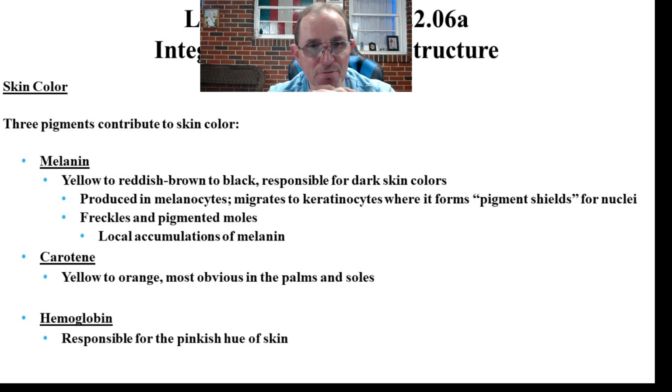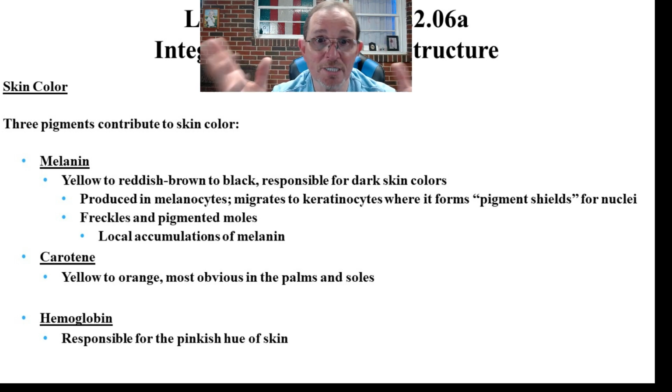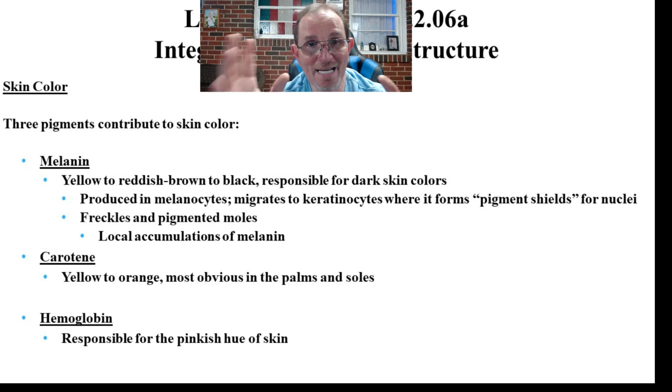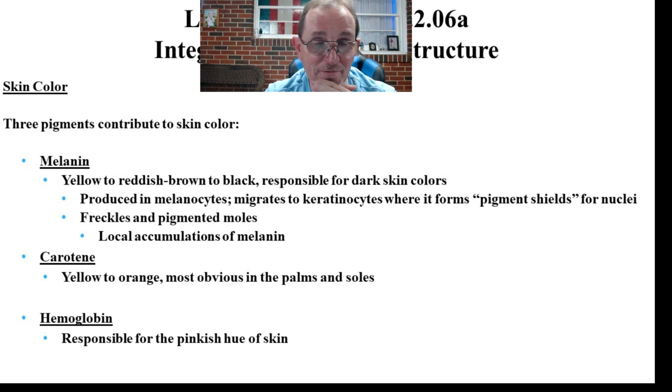Can be yellow to reddish brown to black, and people whose ancestors were in tropical regions that were subjected to heavy doses of ultraviolet radiation developed this to protect themselves from skin cancers and dying. Again, it's the same melanocytes, and they just form shields.